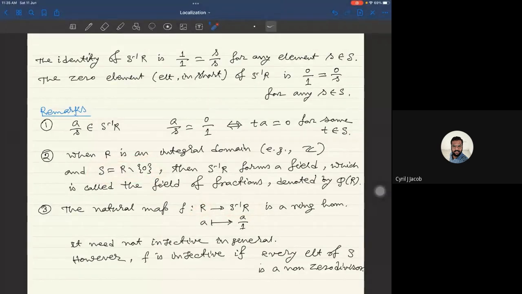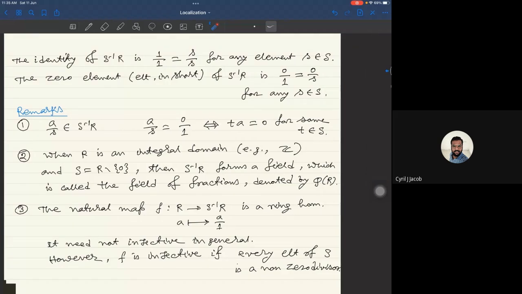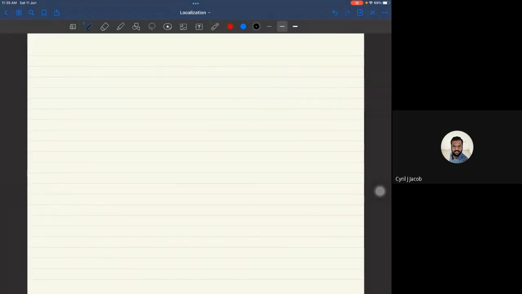In that way every integral domain can be extended to a field, which we denote Q of R and call the field of fractions. Now let's see some more properties of this localization. This is number 4, the universal property.